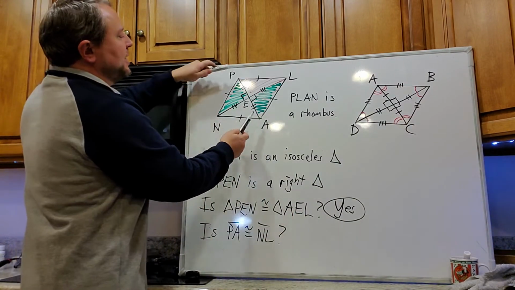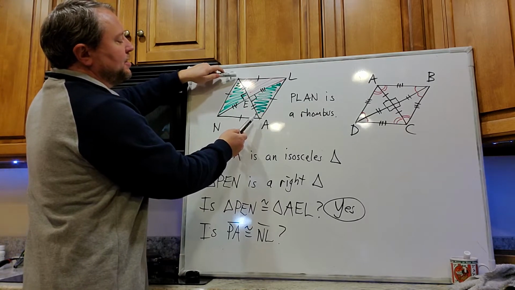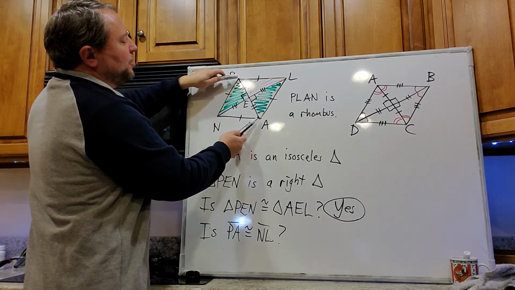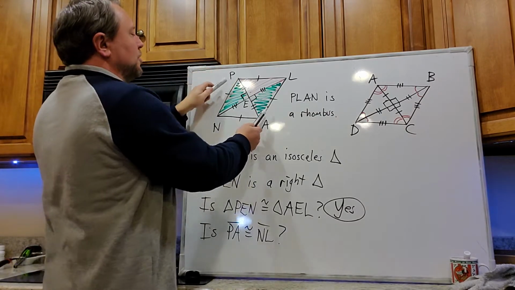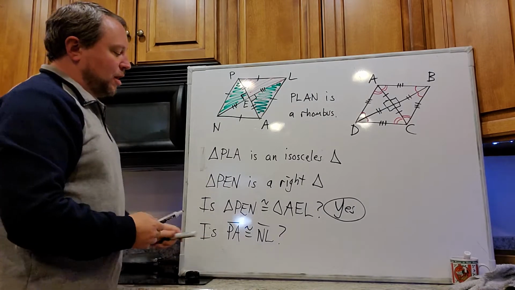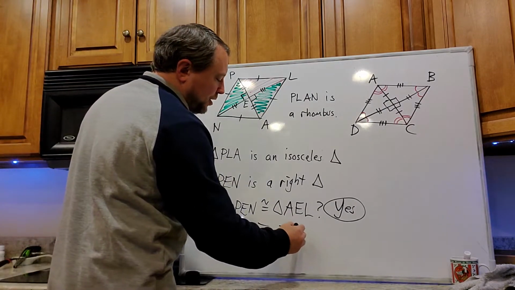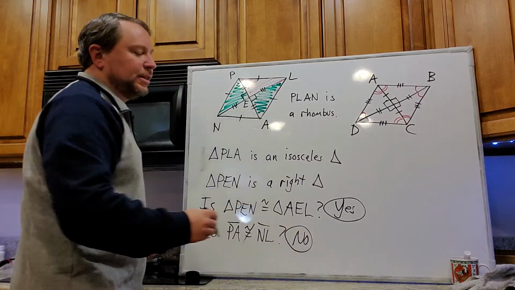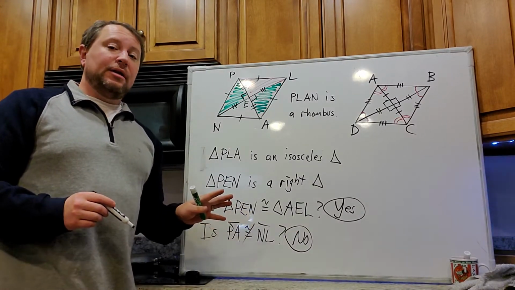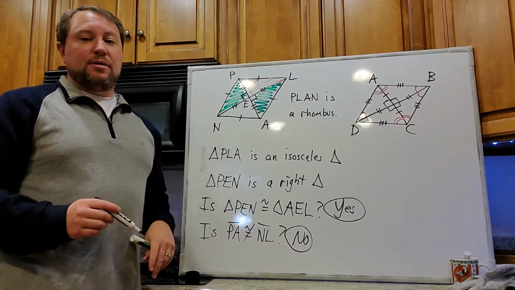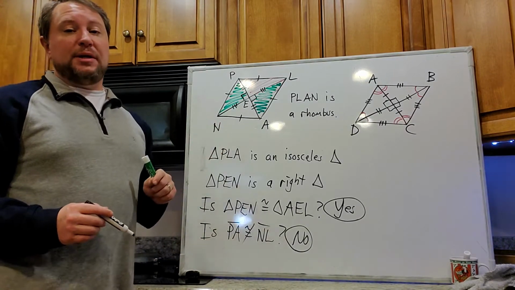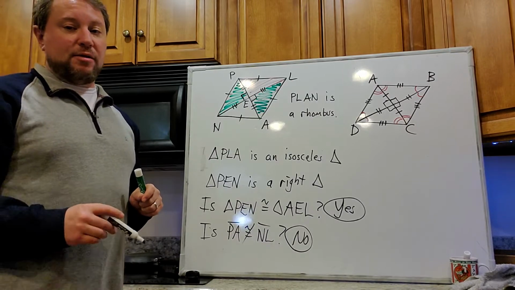You can kind of see it if you let your gut instinct guide you. This full diagonal PA is a little bit shorter, because if I go over here, see how that one's longer? So no, these are not congruent, and don't assume that they are. Again, on a rectangle they are, but not on a rhombus. You could say they're the same on a square, because a square is a type of rectangle.